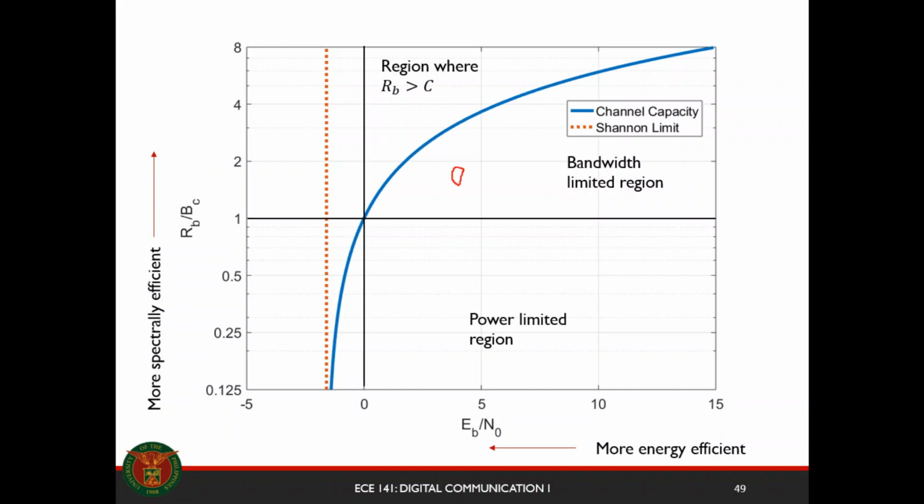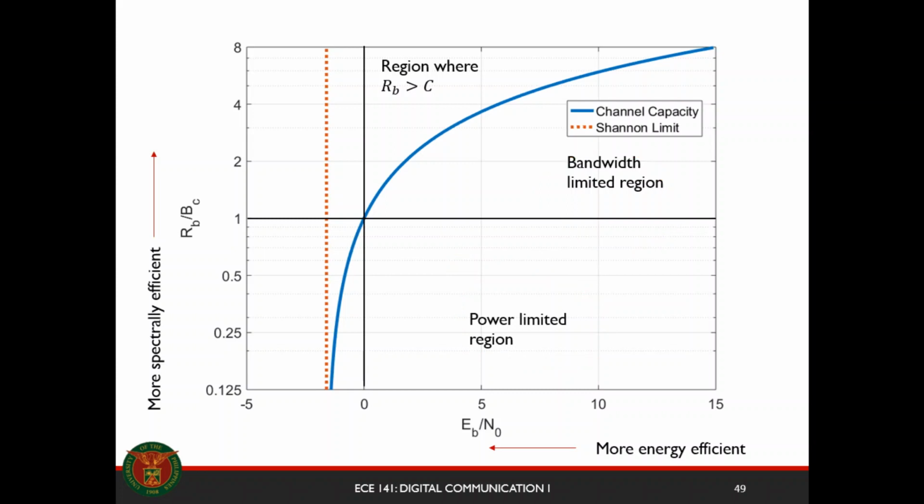Your ASK, FSK is somewhere right here. Okay, all right, sorry, let me correct it again. This is correct. This is the bandwidth limited region, and this is the power limited region. I apologize for the confusion.